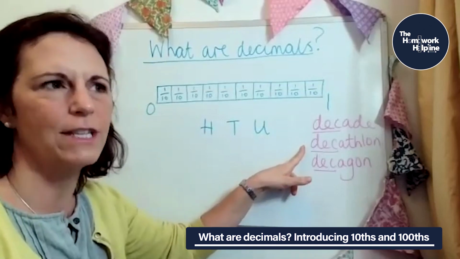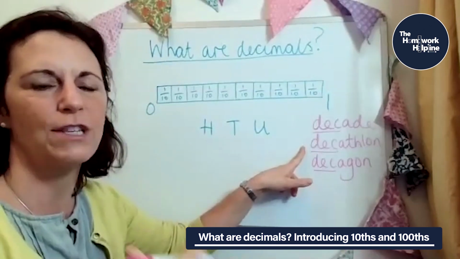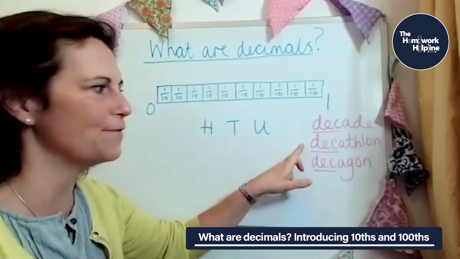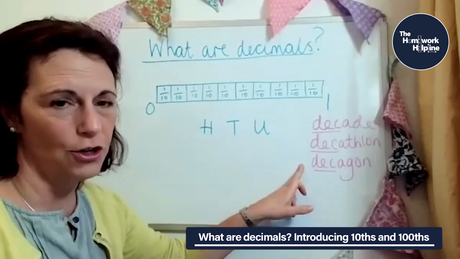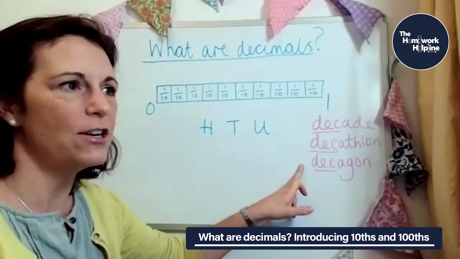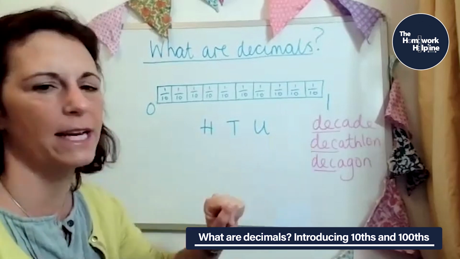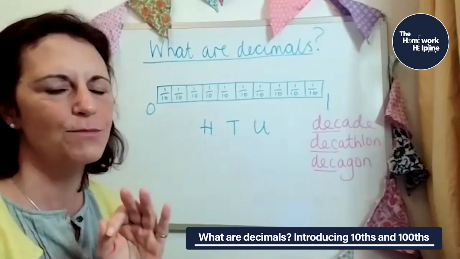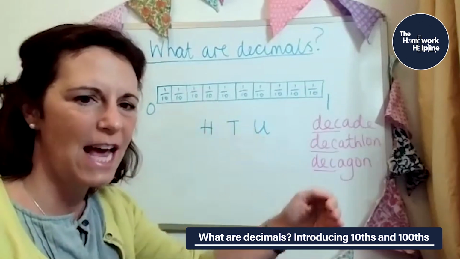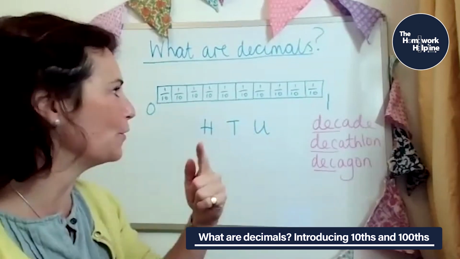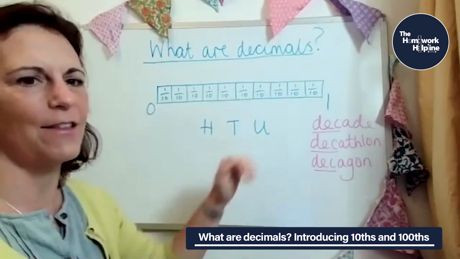Like a triathlon is 3 different sports, a heptathlon is 7 different sports, and a decathlon is 10 different sports. And a decagon is a 2D shape with 10 sides, but they all have dec at the beginning. So if we remember that decimals relates to tens or tenths, then you'll be absolutely fine. So let's get started on exactly how that works.